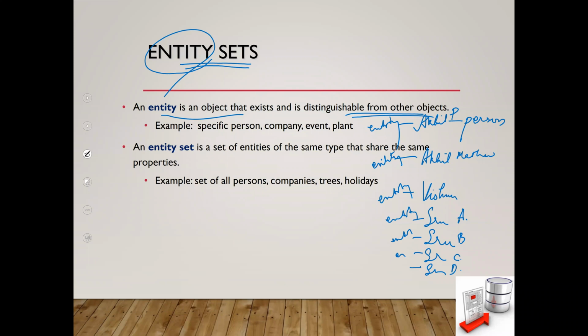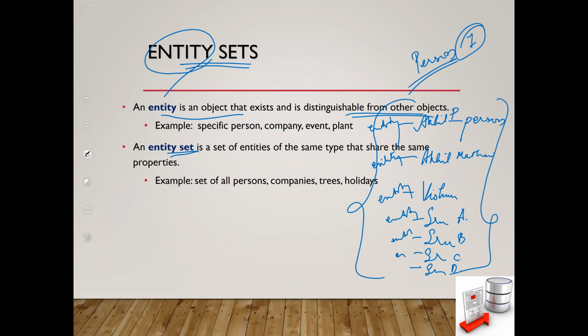So when I talk about an entity called person, I do have 1, 2, 3 up to 7 entities. Now, let's see what you mean by an entity set. It is the collection of all these entities.